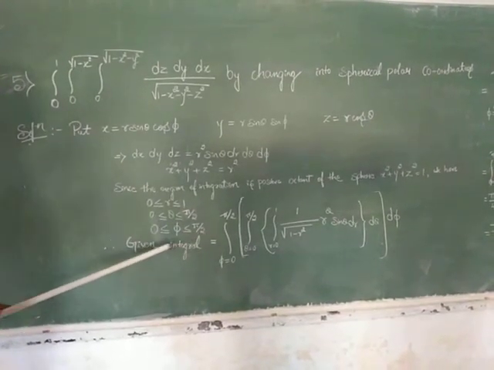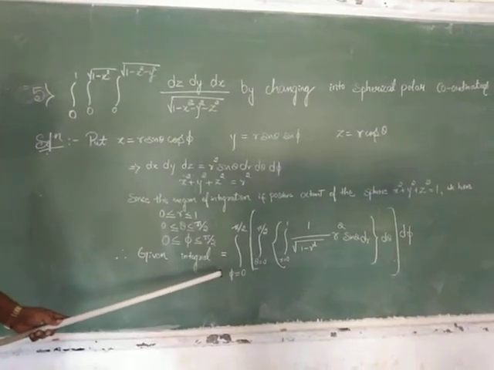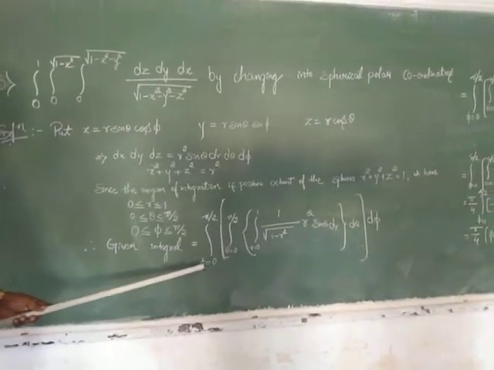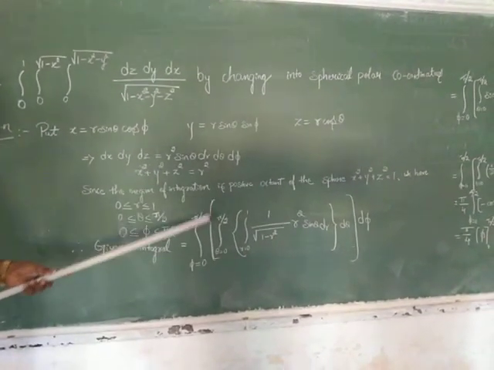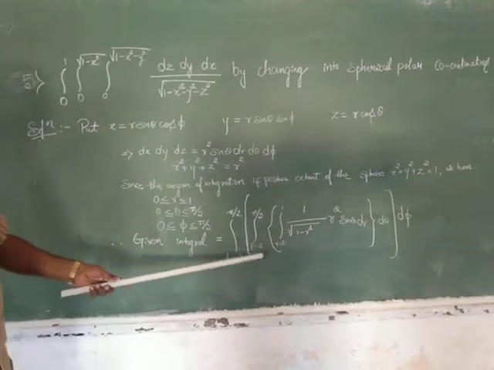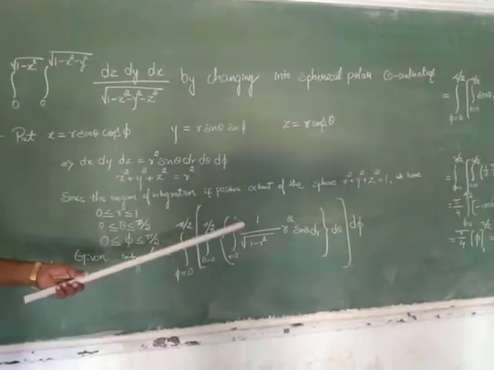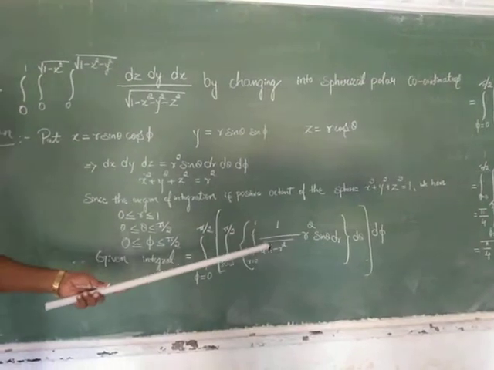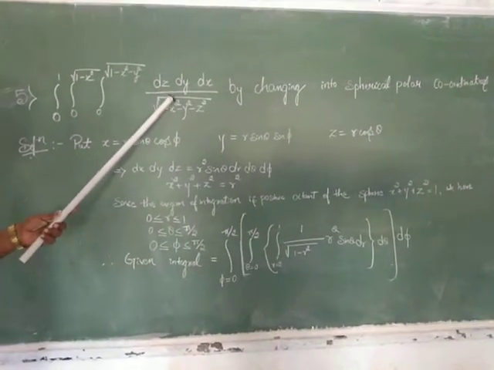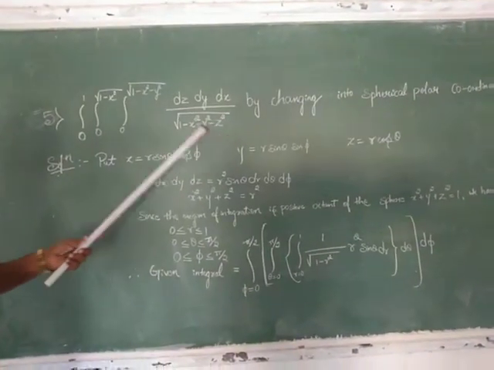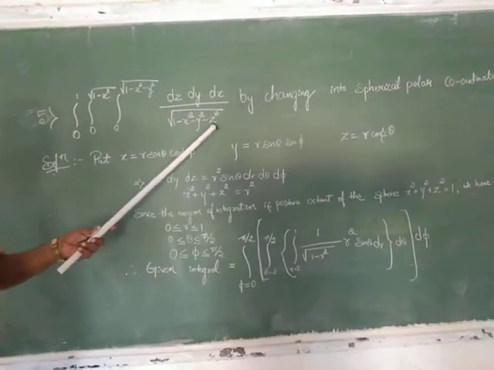So the given integral now becomes integral from phi equal to 0 to pi by 2 of integral from theta equal to 0 to pi by 2 of integral from r equal to 0 to 1 of 1 over square root of 1 minus, taking the minus outside, x squared plus y squared plus z squared.